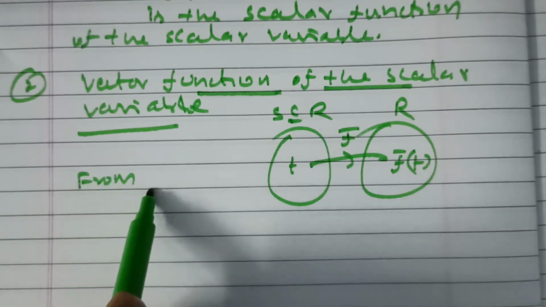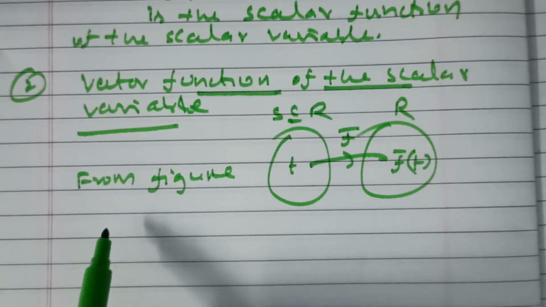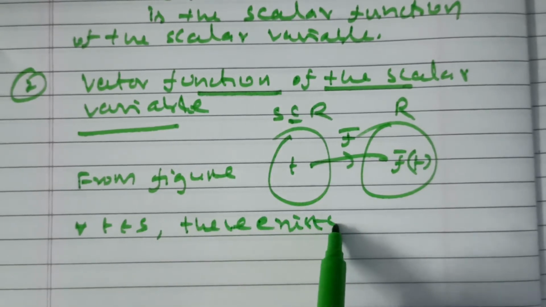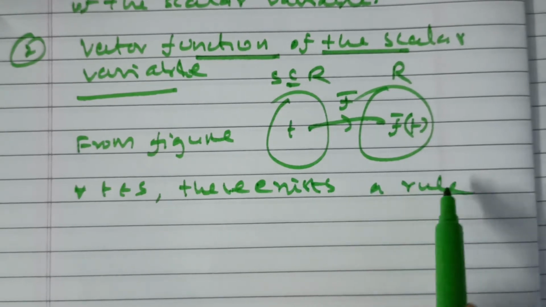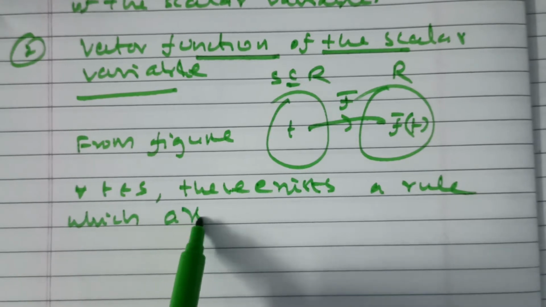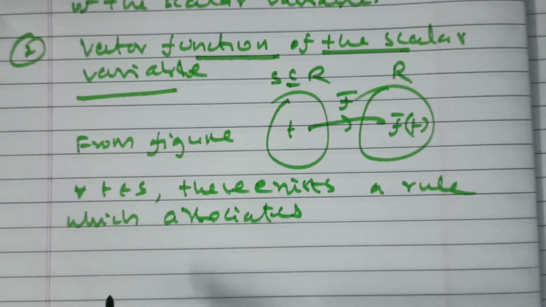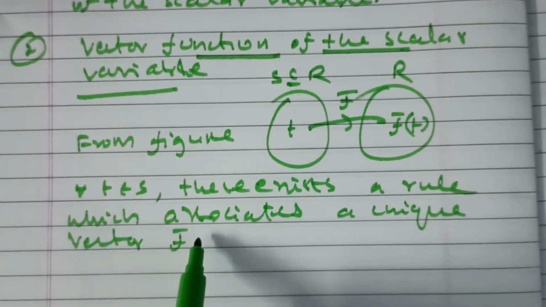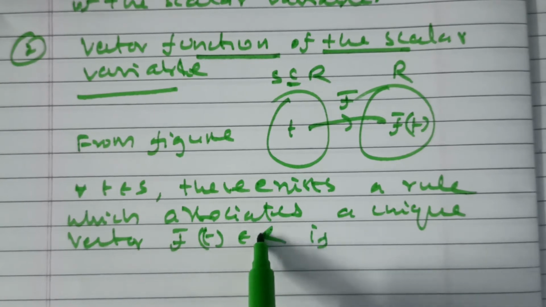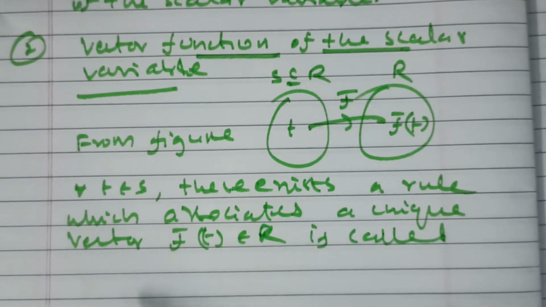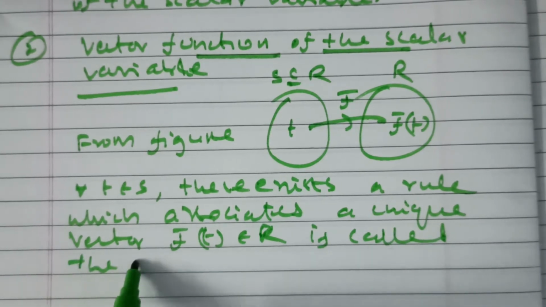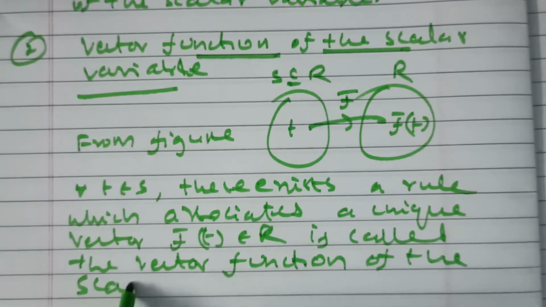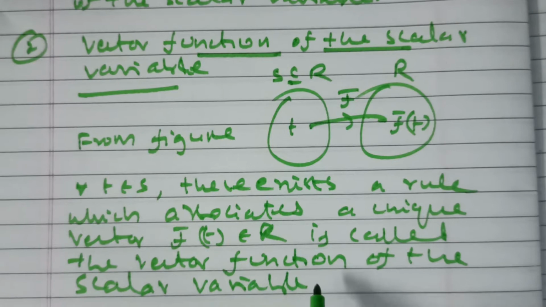From the figure, for all t belongs to S, there exists a rule which associates a unique vector f bar of t belongs to R, is called the vector function of the scalar variable t.